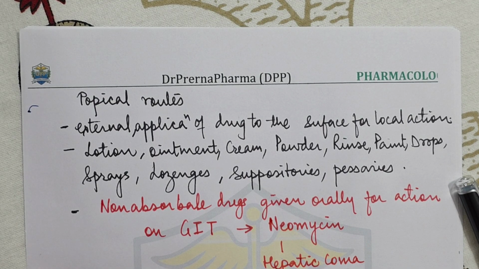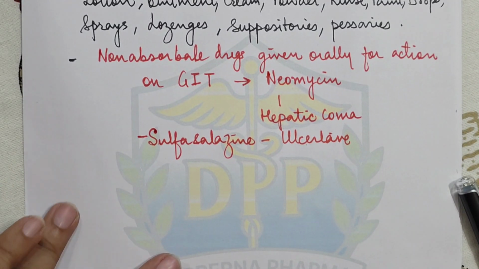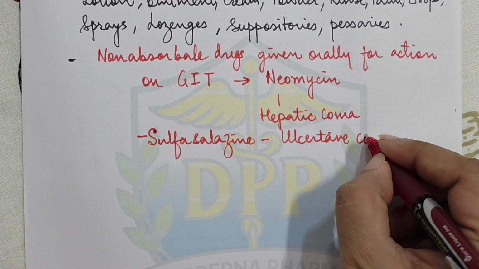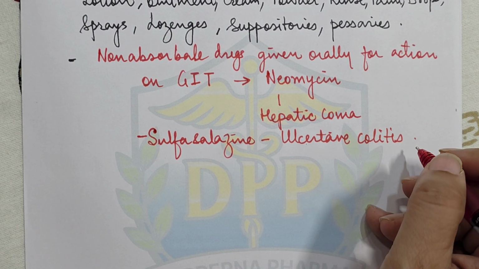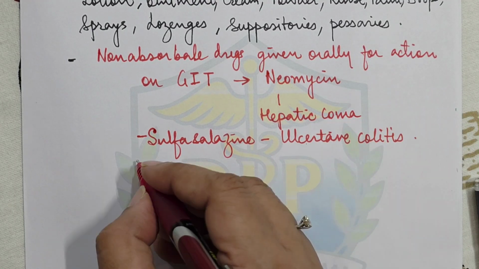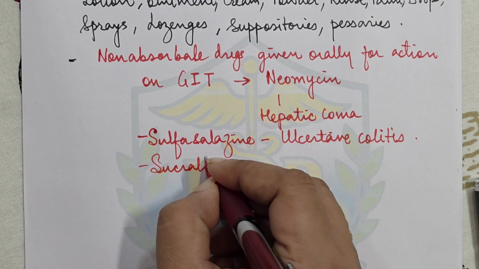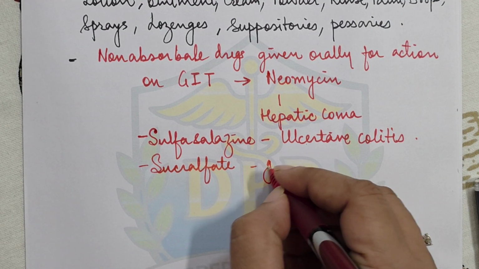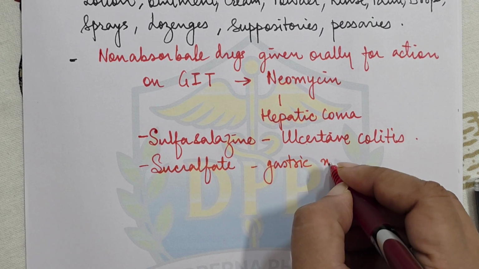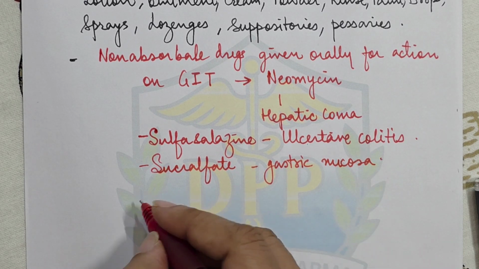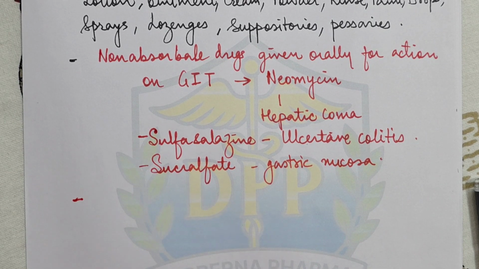Then we give another drug, sulfasalazine, which is used in ulcerative colitis, and it has a local action, right? Then other drugs also we have, like sucralfate. It acts on gastric mucosa. So these are the local routes.